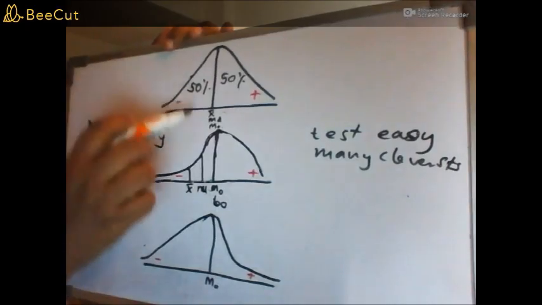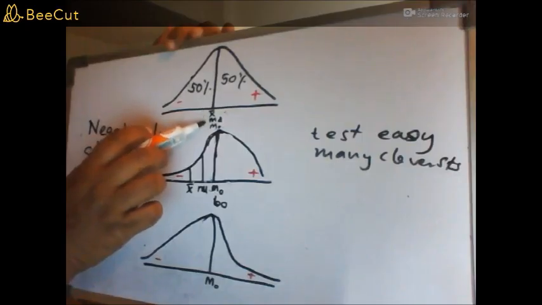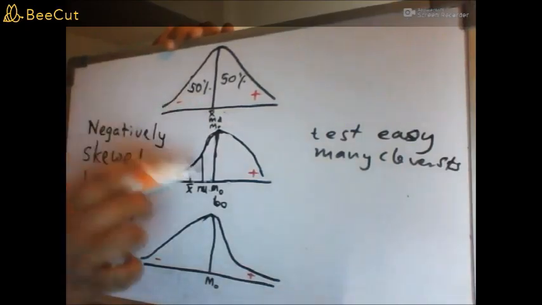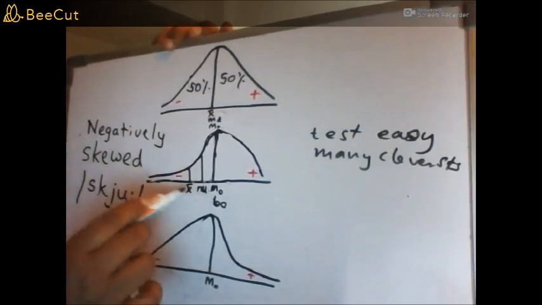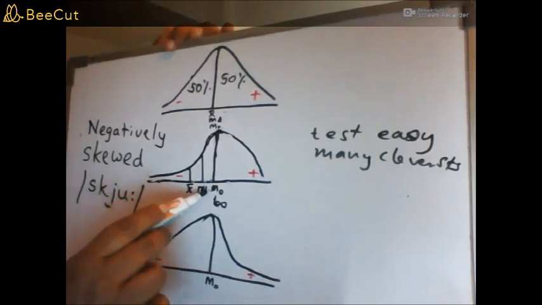According to the symmetrical curve, x bar, mean, mode, median are all at the center. According to this negatively skewed curve, x bar is on the slanted side.